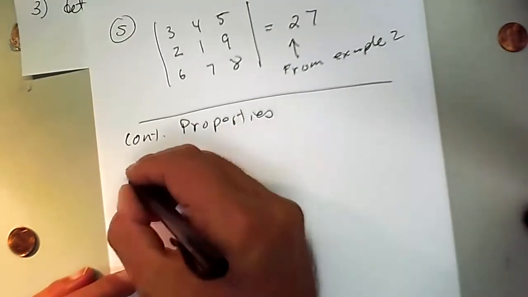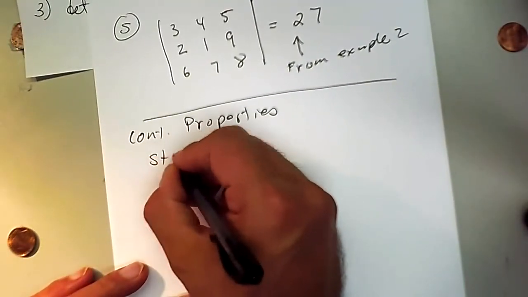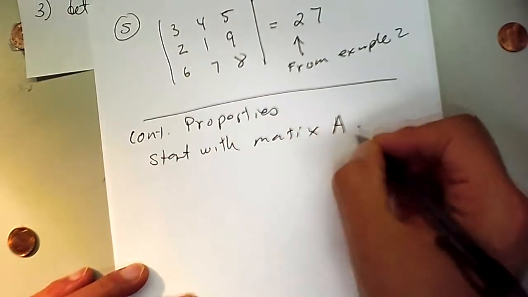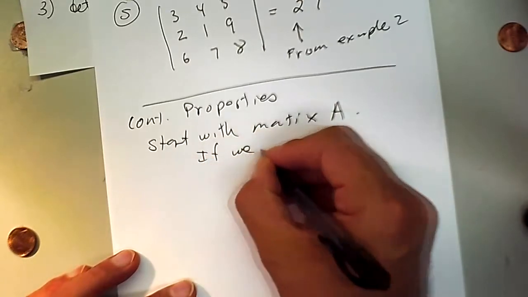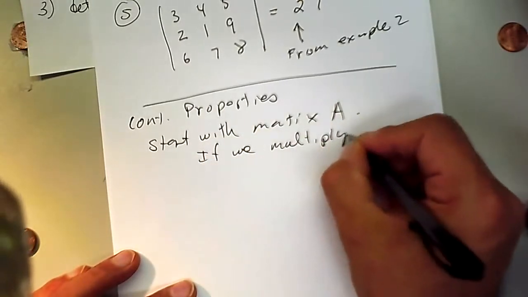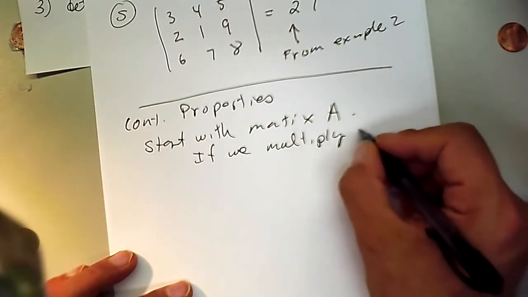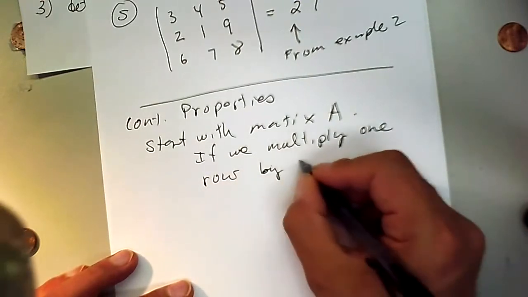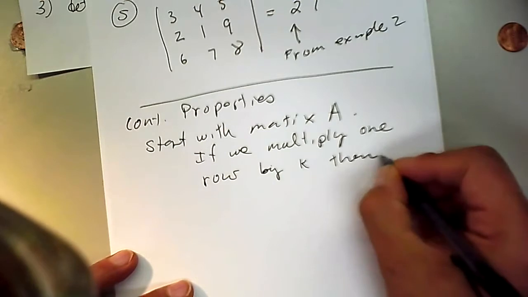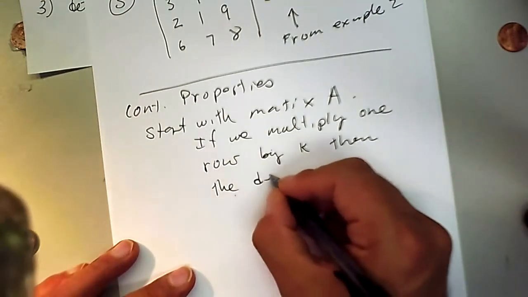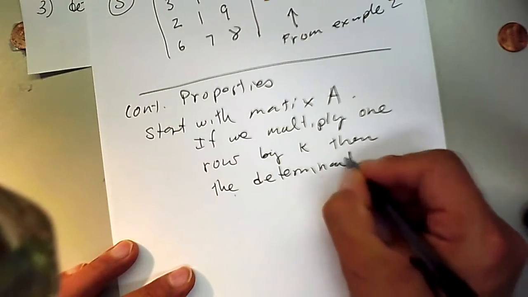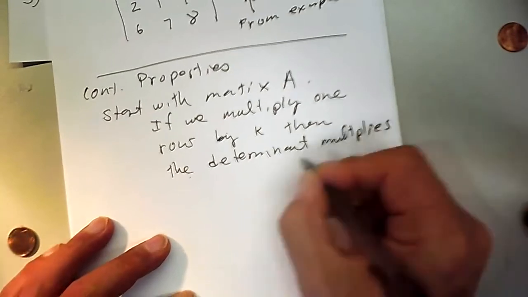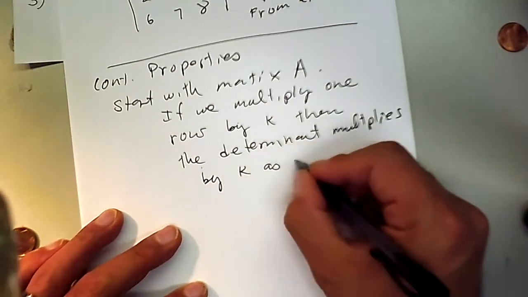Start with matrix A. If we multiply one row, it doesn't matter which one, by K, then the determinant multiplies by K as well.